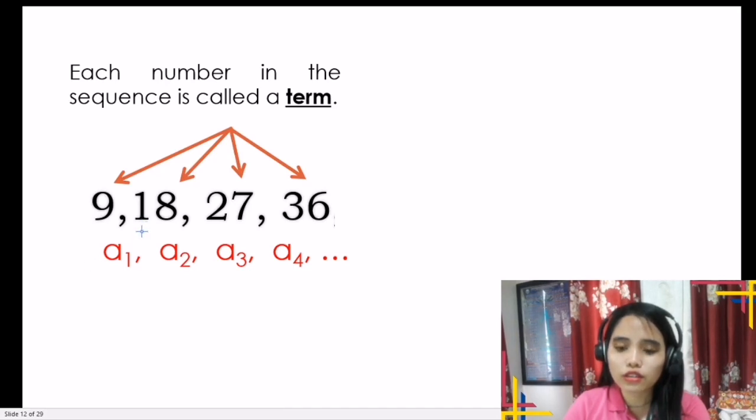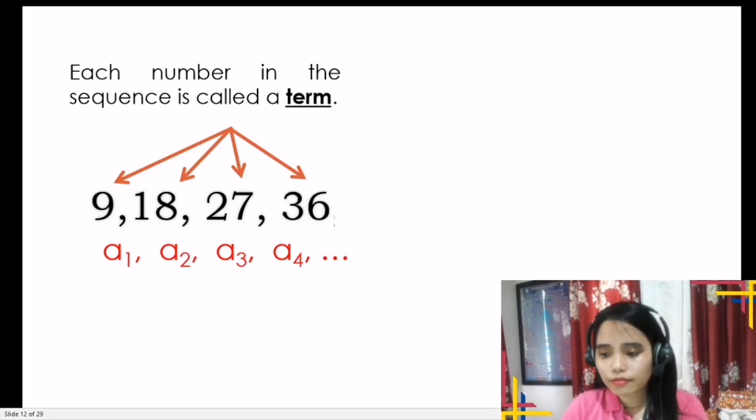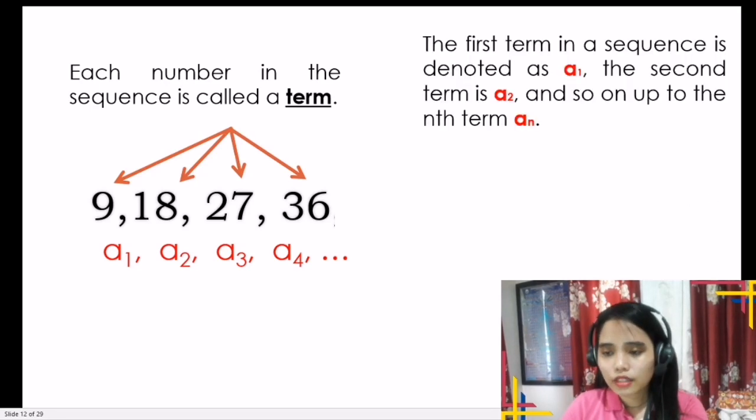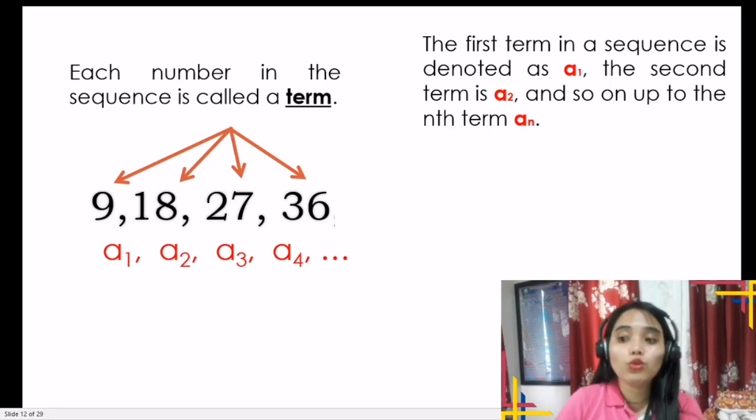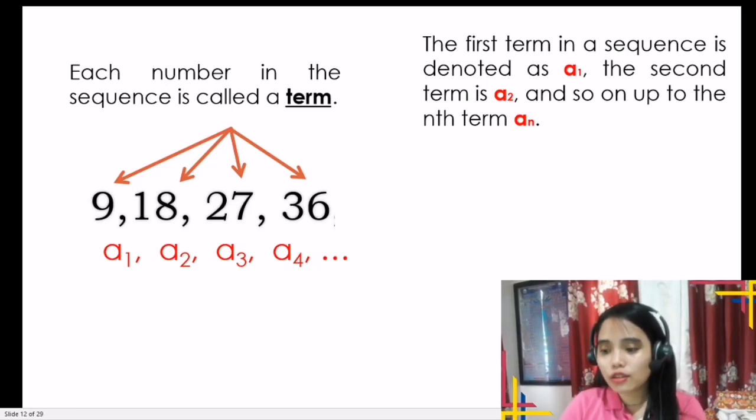The second term is denoted by a sub 2, and so on. So, the first term in a sequence is denoted as a sub 1, the second term is a sub 2, and so on. The term 9 is the first term and is denoted by a sub 1. A sub 2 is the second term, a sub 3, and so on.